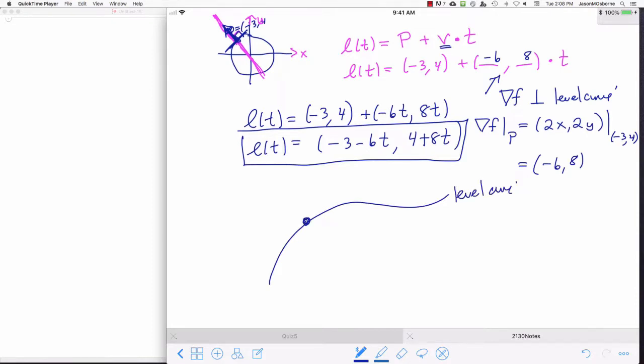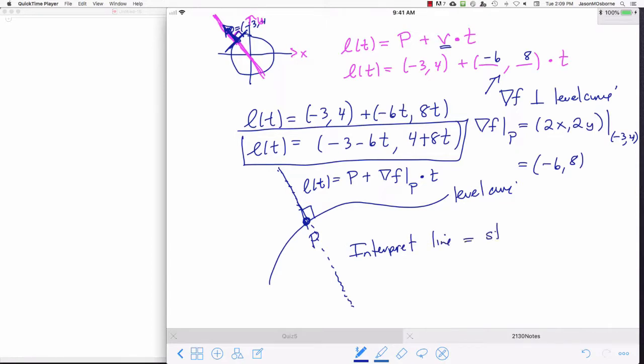Here's your point P, and if you're looking for something crossing that level curve perpendicular, and you interpret that to be a straight line, then you would write the line as a function of t as the point P plus the gradient of the function at P multiplied by t. That's if you interpret line to be straight line.